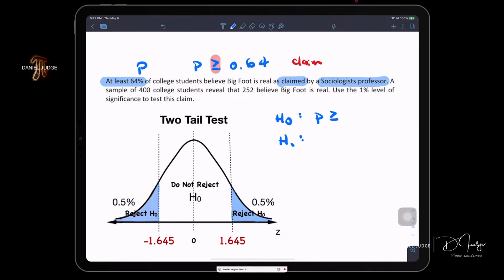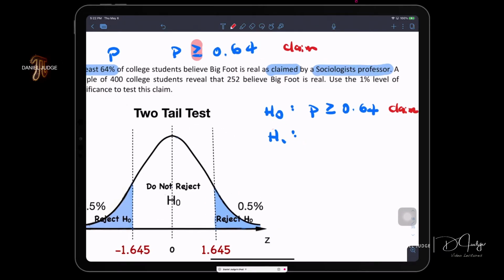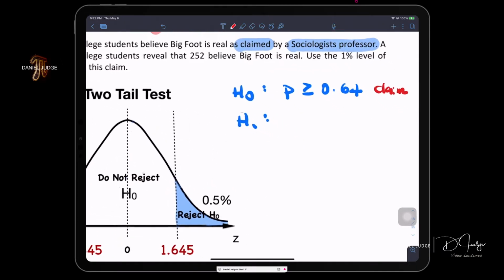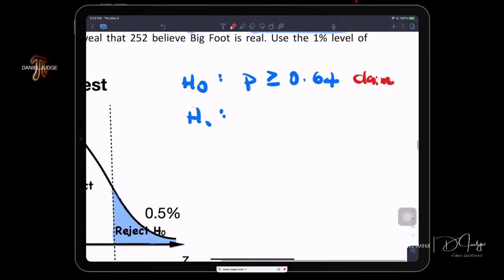So I'm going to put it here in the null hypothesis position, and I'm not going to forget to label that claim. We have to know which is the claim. And that's the claim. Now, here's what's important here, ladies and gentlemen. We need the logical opposite.